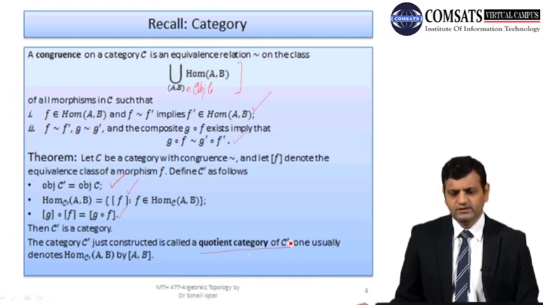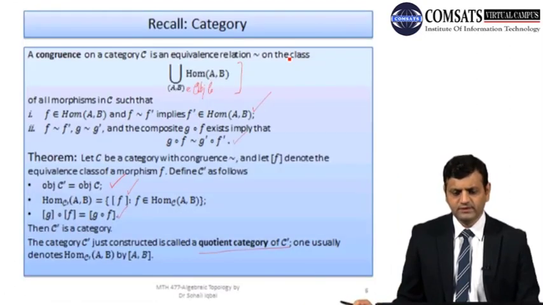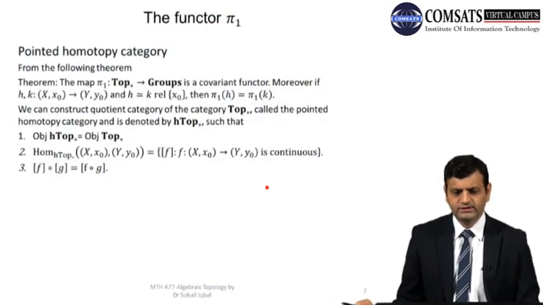So we can take that equivalence relation to be homotopy relative to x naught, and we can see that it satisfies all the conditions. So for example, this important condition, and so we can say that we have the pointed homotopy category.